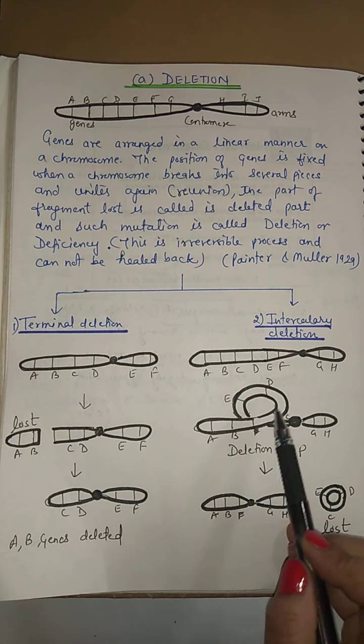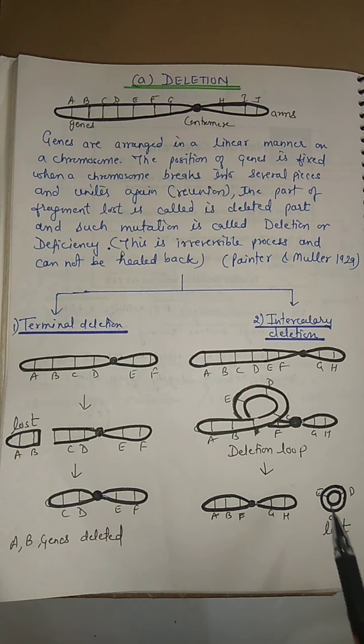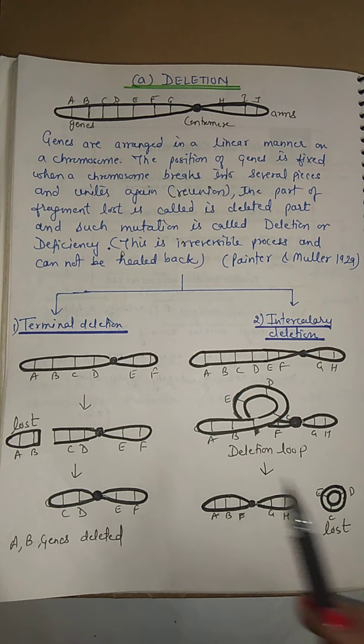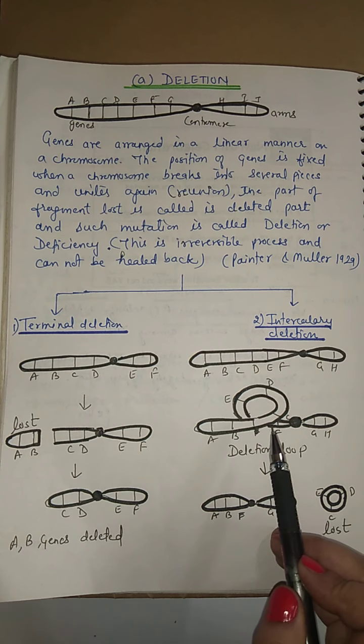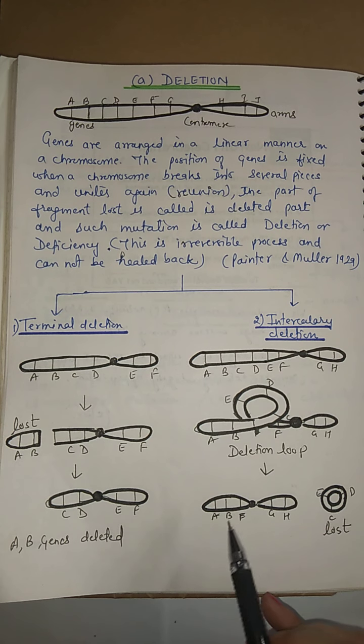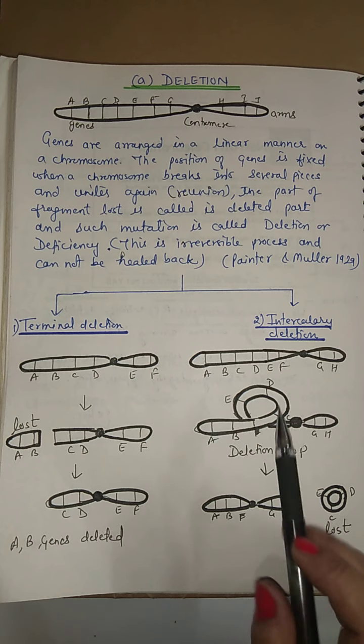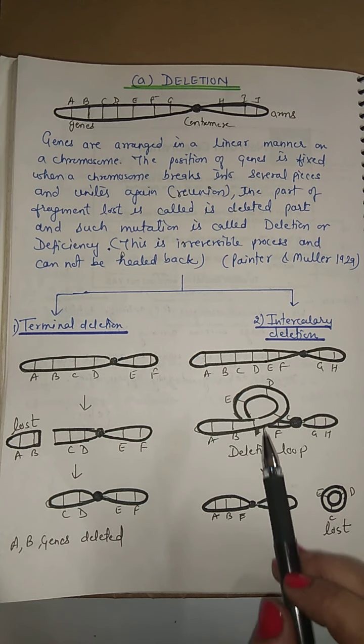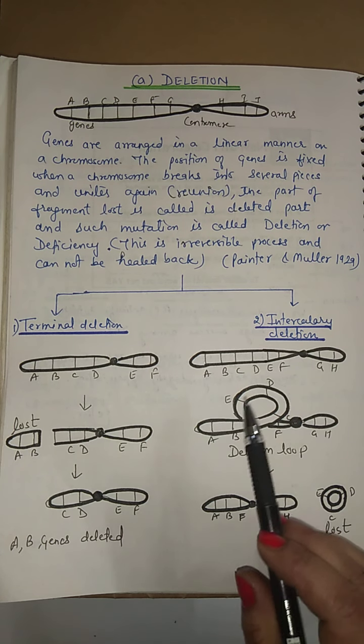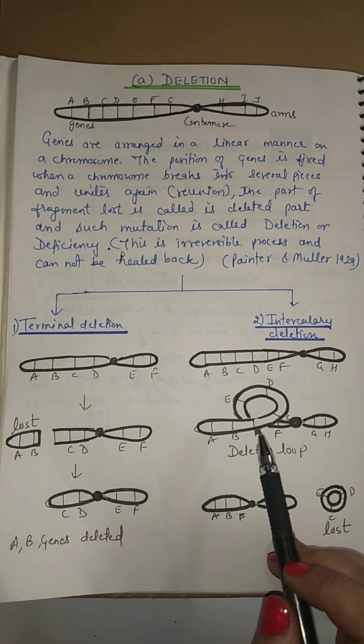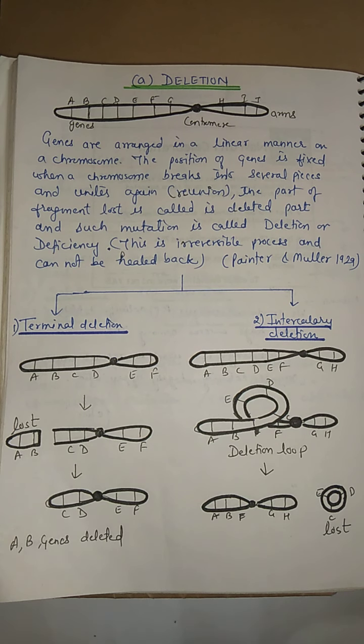This forms a ring like this. C, D, E are lost in the form of a ring, and B unites with F, coming adjacent to F. Now the portion left is A, B, F instead of A, B, C, D, E, F. This is called intercalary deletion or interstitial deletion, as it is a loss of an interstitial segment of the chromosome.